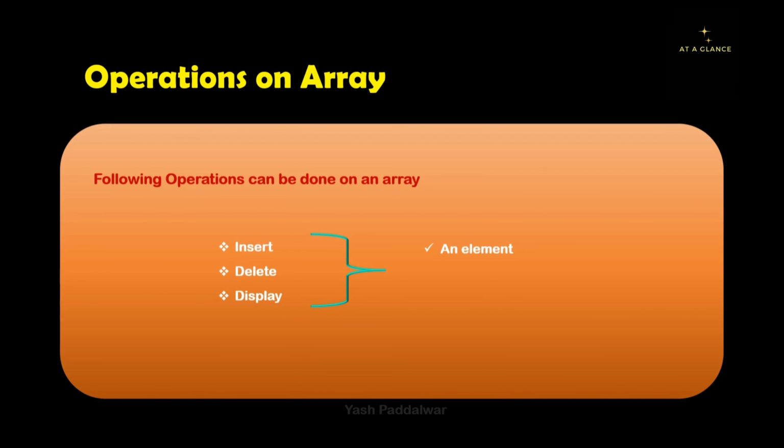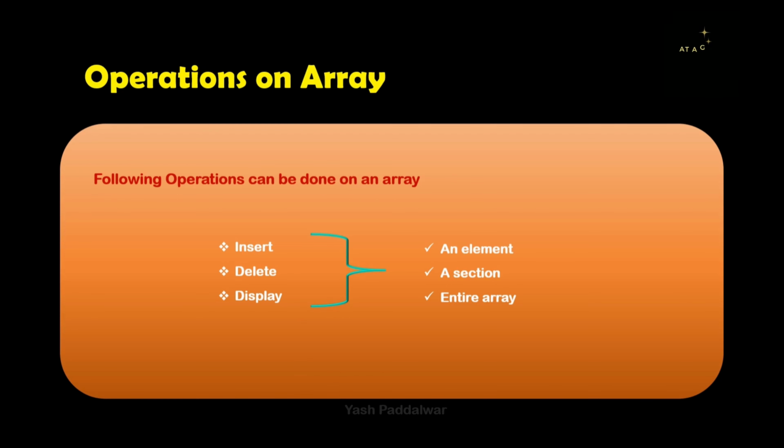The first case is that we have to insert a single element inside the array. That element can be inserted at a specified location. Similarly, a single element can be deleted from the array and a single element can be displayed. The next case is to perform insertion, deletion and traversal on a section or a small part of the array.